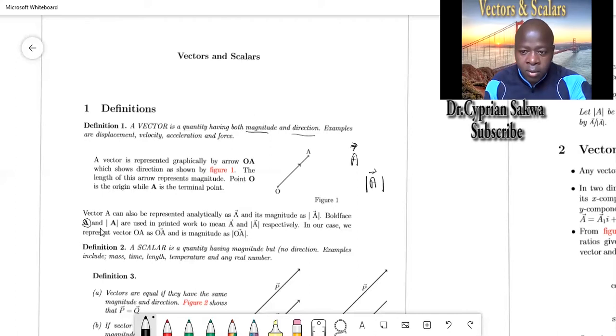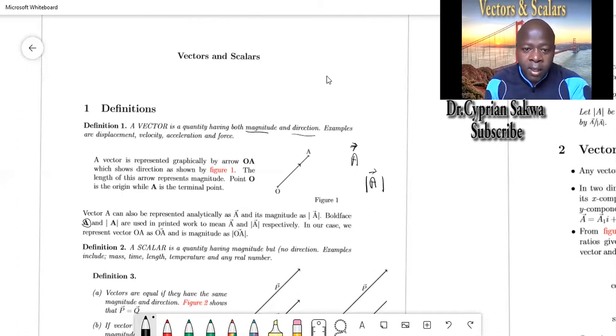In some cases, we'll be using boldface, and in some cases, we'll just be using an A with an arrow above it to mean a vector, and then an A with an arrow above it with two parallel lines to mean the magnitude of A.